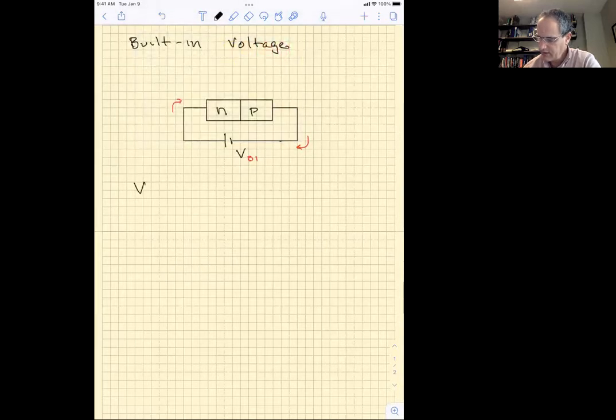So V built-in is the voltage required to reach forward bias, where the diode starts to conduct.